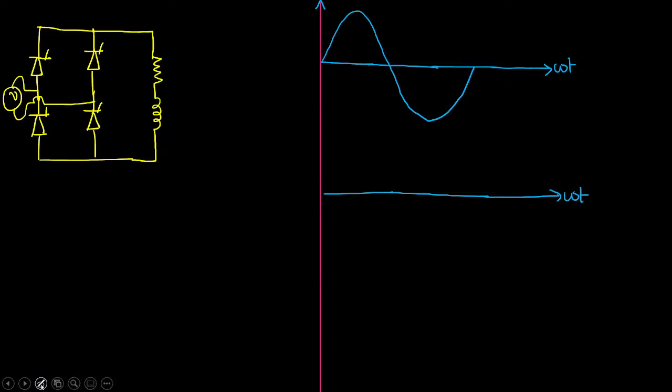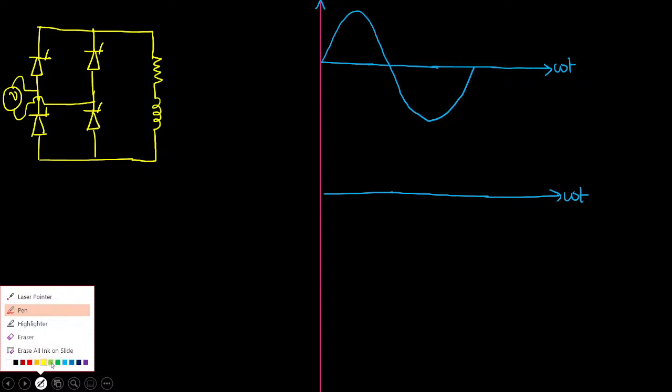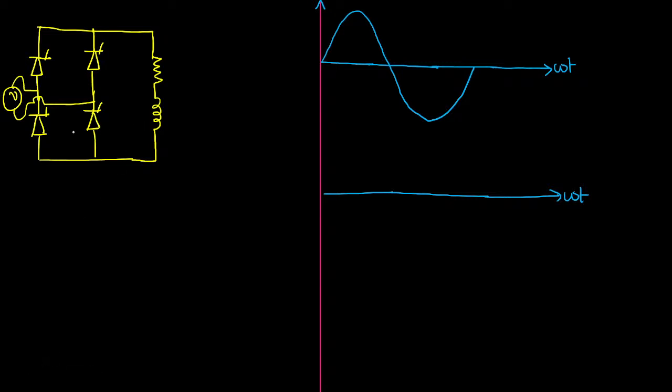Now what will happen here? Try to learn how to draw the waveform first. When we are giving the supply, sinusoidal means it will be having two polarities, one positive, another negative. First I am taking positive polarity, so upper is positive, lower is negative. Let me name the thyristors.